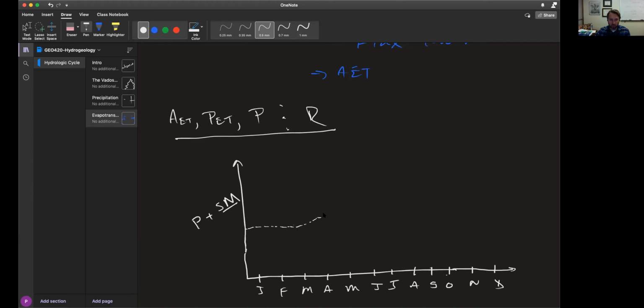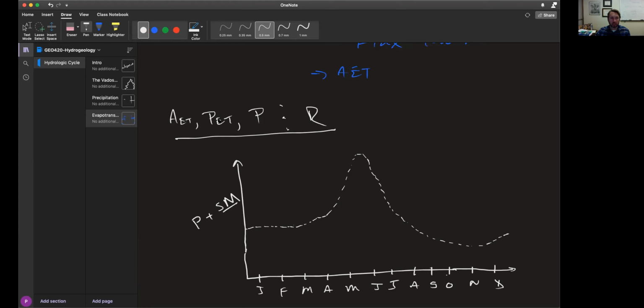But starting in April and May, snowmelt really kicks in. So we get this big increase, and then precip and snowmelt go away, and then start to come back up in December. So our driest months are sort of July, August, September, and October in Montana.